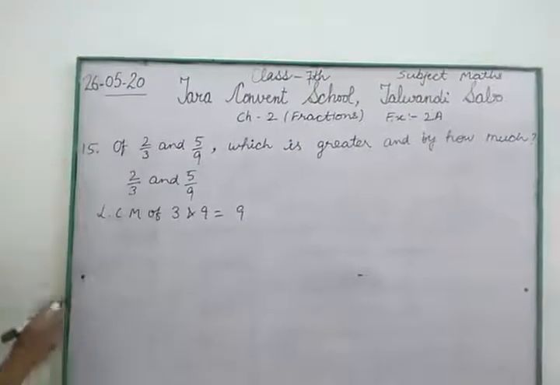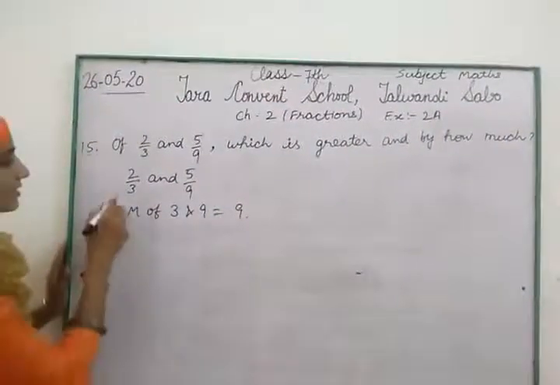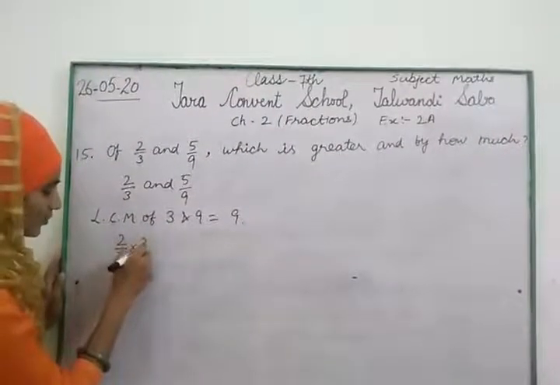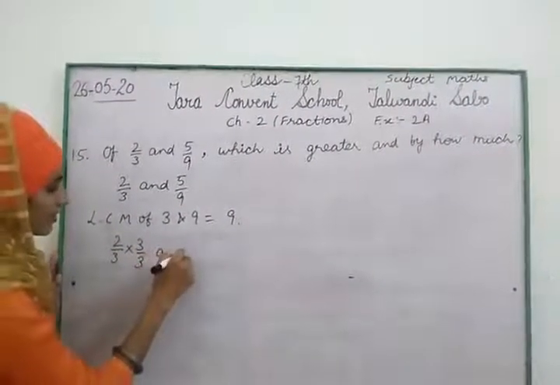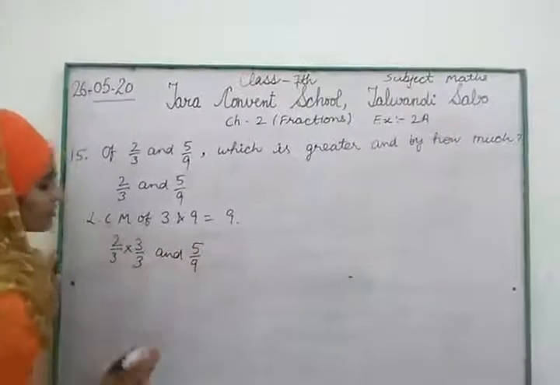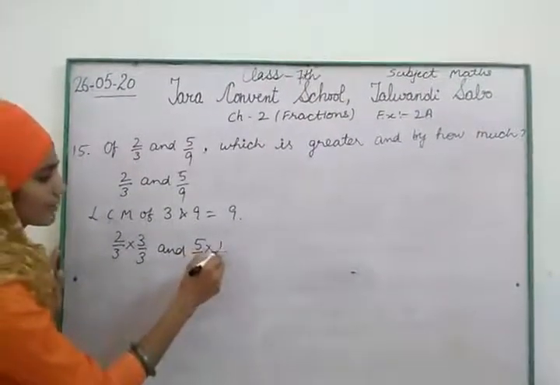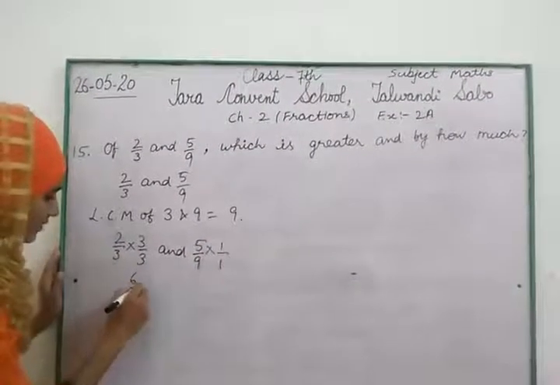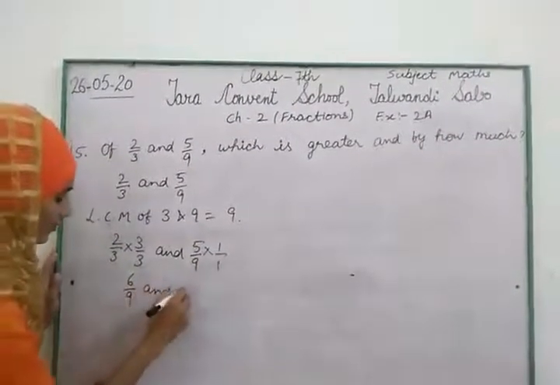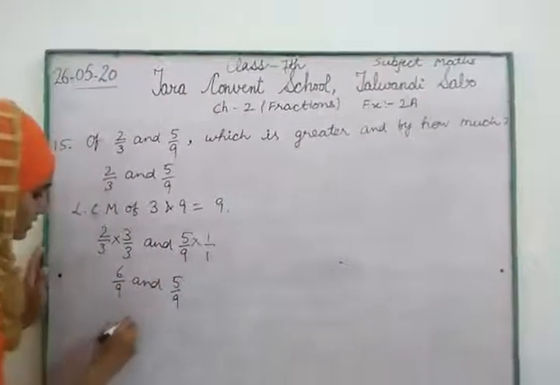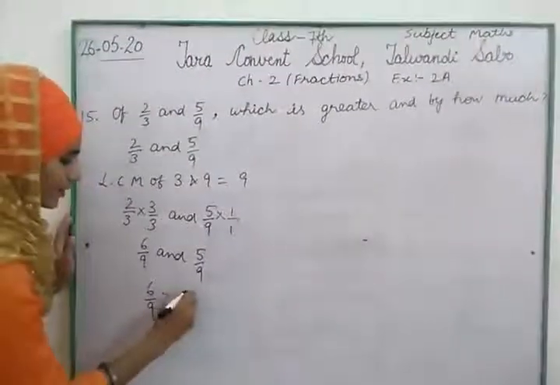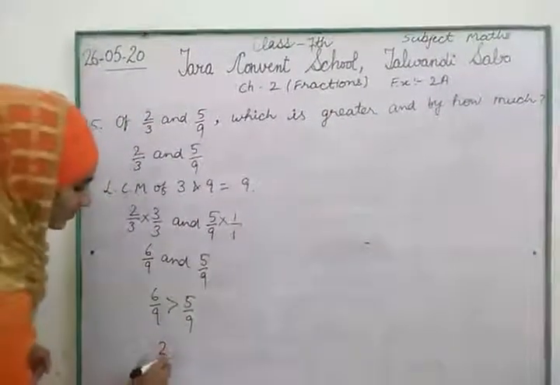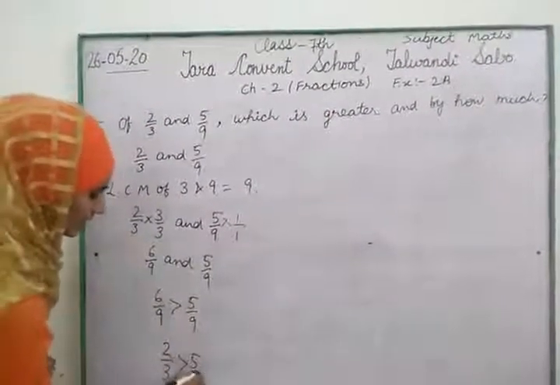So we have to change these fractions so that the denominator becomes 9. 3 threes are 9, and 9 is already 9. To make it 9, we multiply by 3 for the first and by 1 for the second. 2/3 becomes 2 into 3, 6 over 9, and 5 upon 9. So 6/9 is greater than 5/9. So which fraction is greater? 2/3 is greater than 5/9.